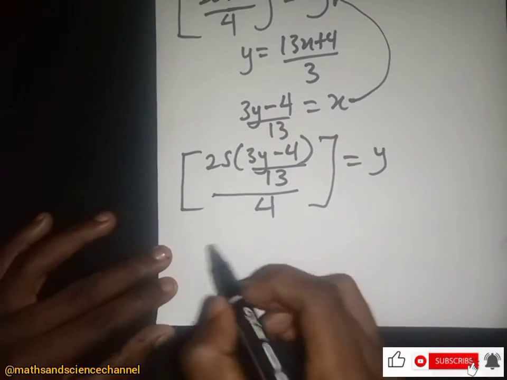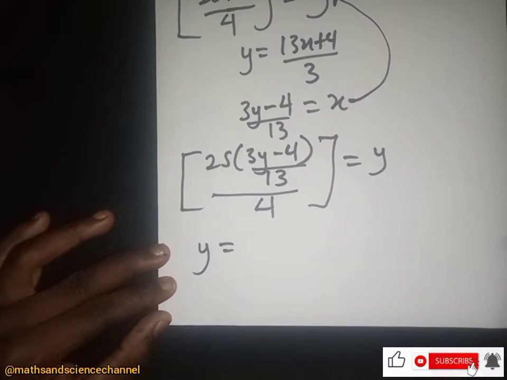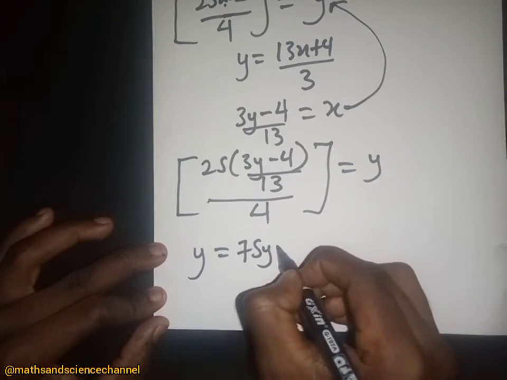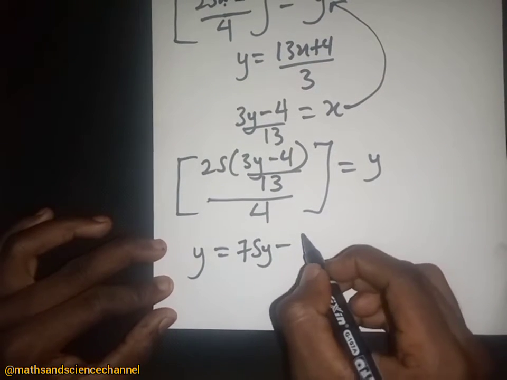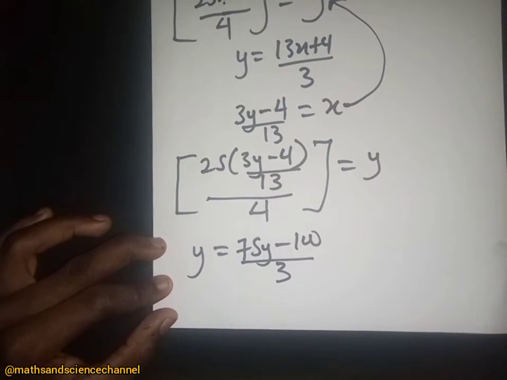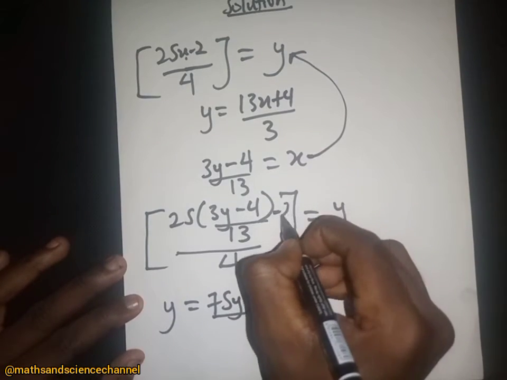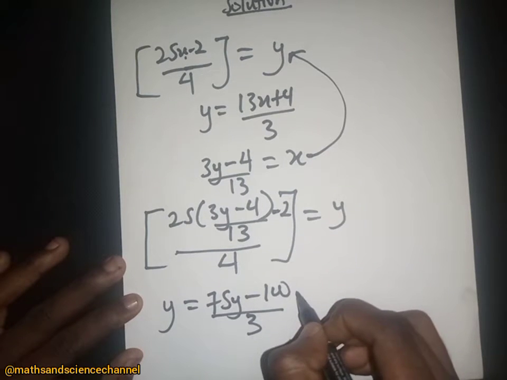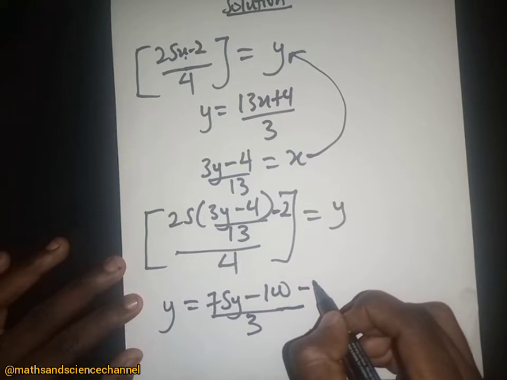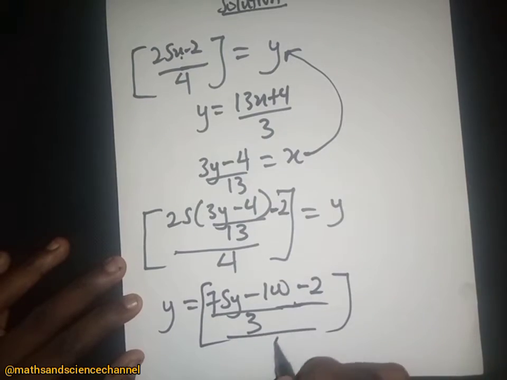So we can have y here to be equal to, 3 multiplies this, we have 75y minus 25 multiplies 4, then we have 100 here divided by 3. But then also there is minus 2 here, so we have all of this minus 2, but still divided by 4.